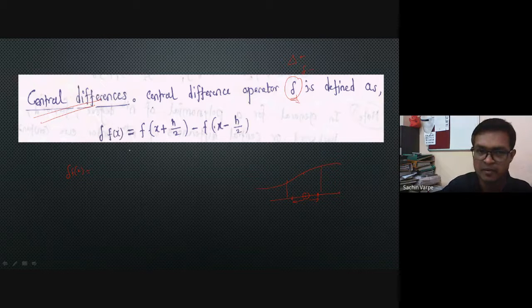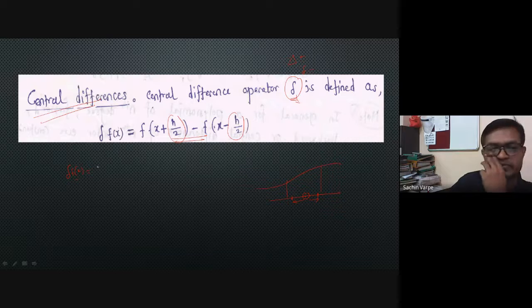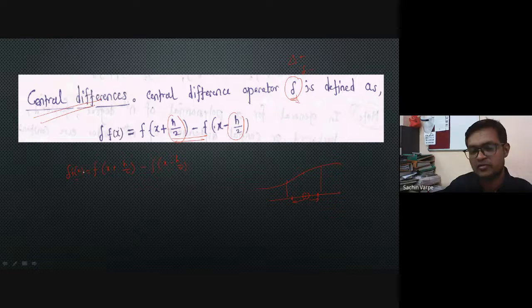You can see here what we are doing. If we ask to find delta of f of x, we are moving h by 2 to the right and h by 2 to the left, and then दोनों का difference will be the central difference. So that is function value at x plus h by 2 minus function value at x minus h by 2 will be delta of f of x.